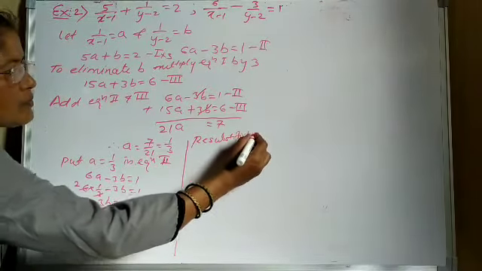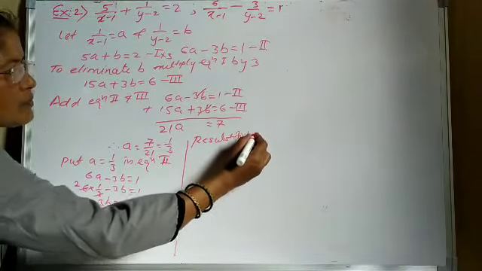You can see that the coefficients are alternately the same: the coefficient of a here is 27 and in the second equation it is 27, and 31 and 31. So in this case you can easily solve by the alternate method. Now just add equations 1 and 2.